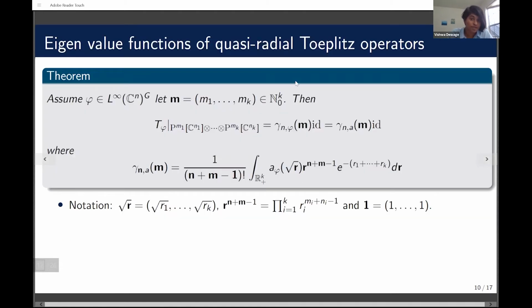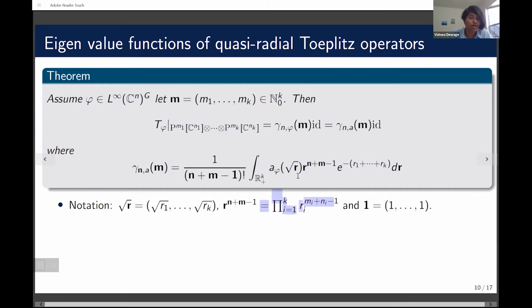Now what's left is to compute the constants gamma. Now it's given by this formula. So the one here is just a k-tuple of ones. (n plus m minus 1) factorial is understood in the usual sense. r to the n plus m minus 1 is also understood in the usual sense.